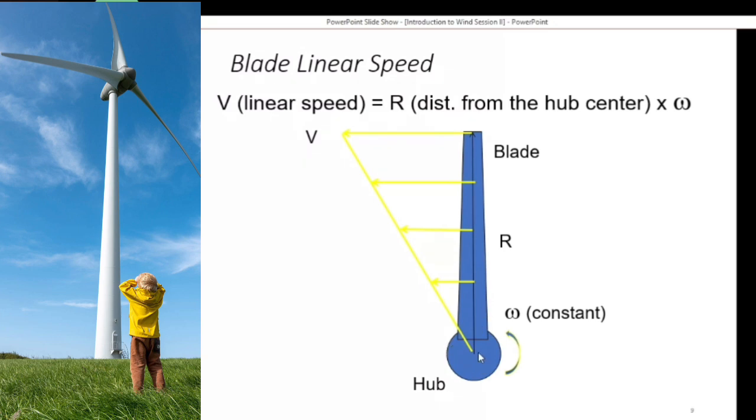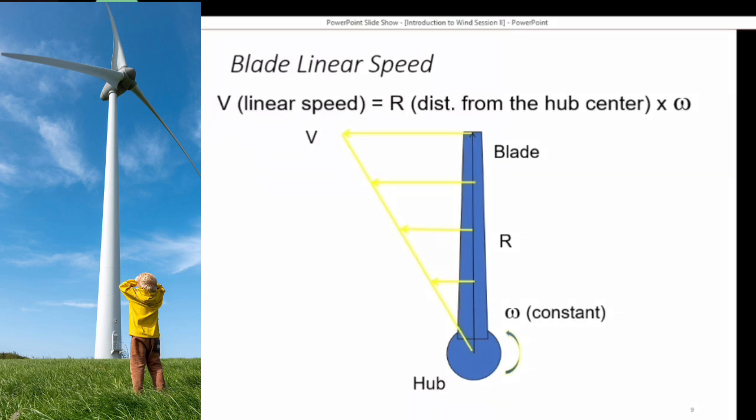But considering that there is also the angular speed, remember it is equal to 2 pi times the frequency. And the frequency means the number of rotations. And the formula to link these is that linear speed is equal to radius times the angular speed.